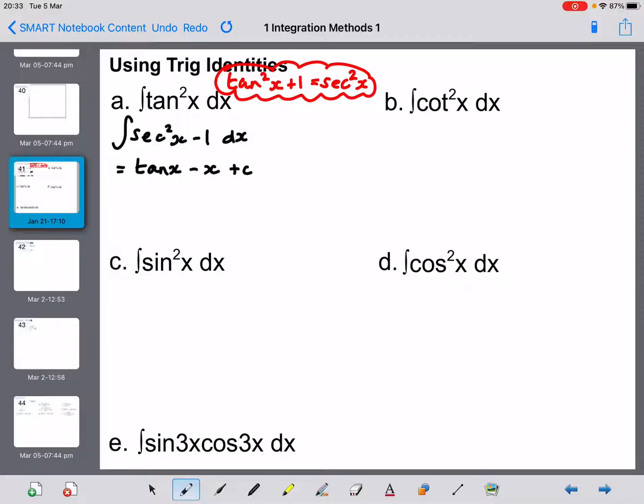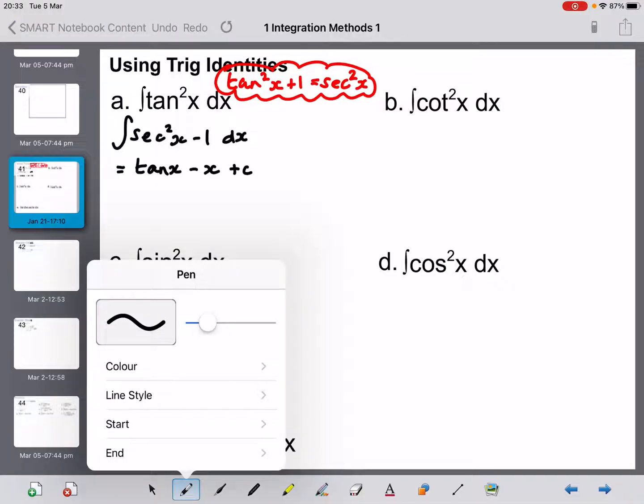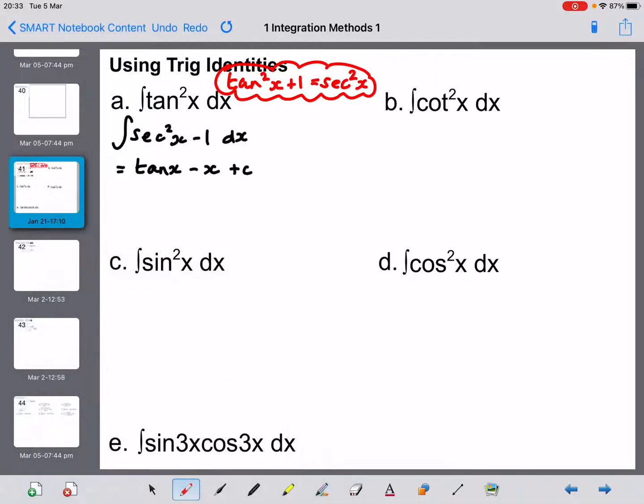For cot squared, again, cot squared is not in the formula booklet, but it's related to something that is. This one is related to cosec squared, and the integral of cosec squared is negative cot. So we know the other Pythagorean identity: cot squared plus 1 equals cosec squared.